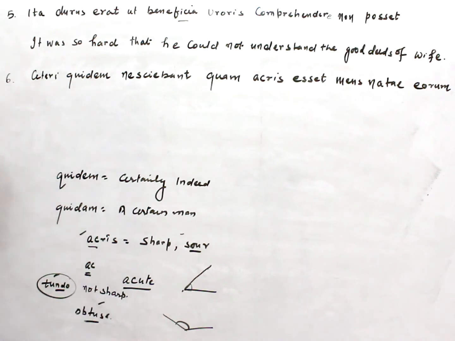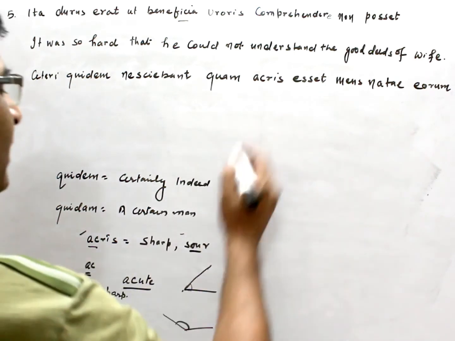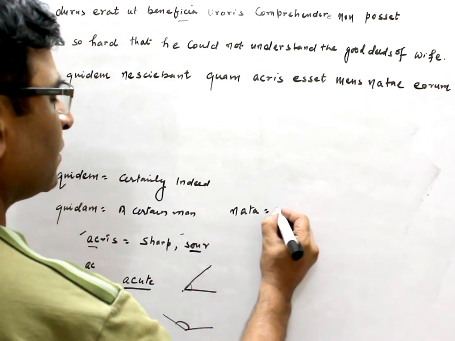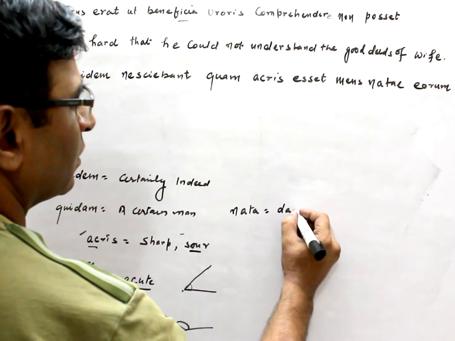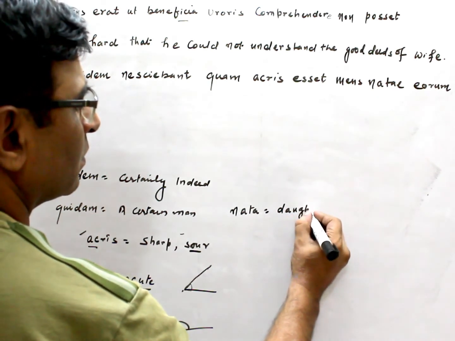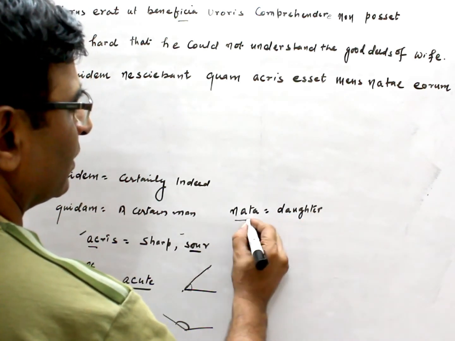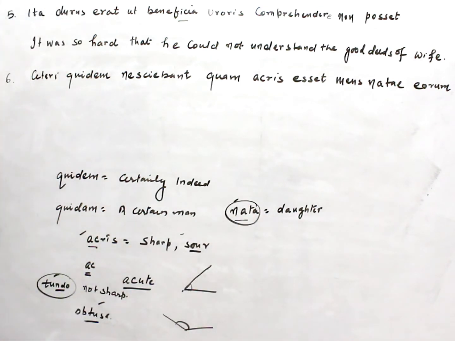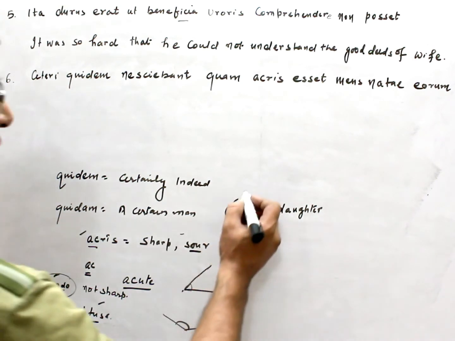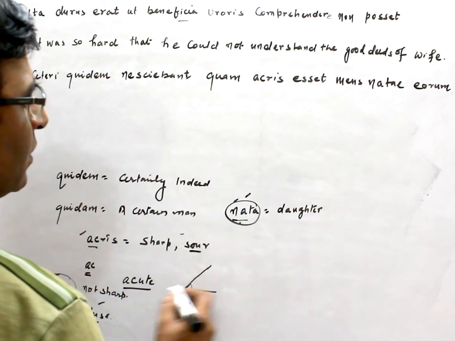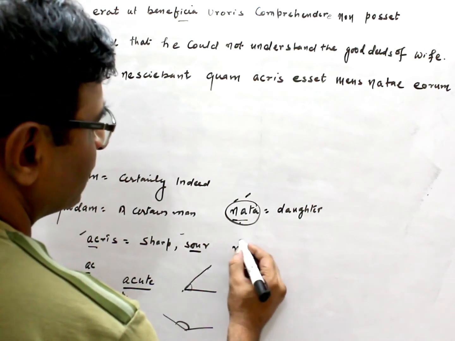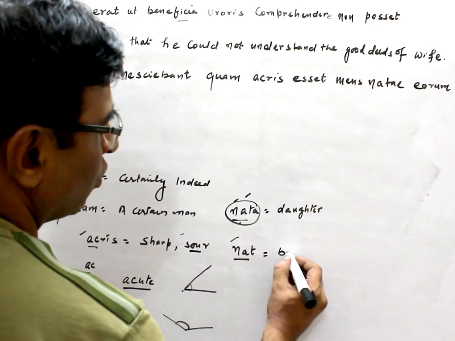So nata, and this word also, nata means daughter. It is daughter, and we know this root is born.